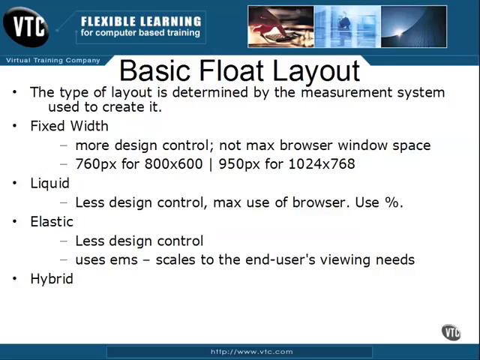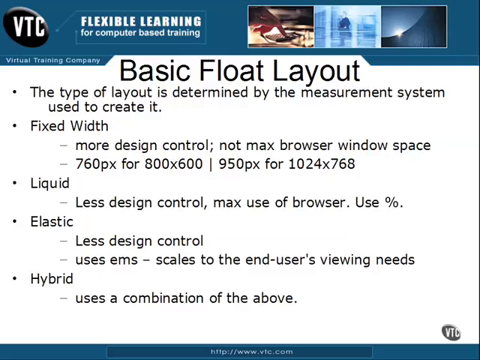Now the last option that we have here is the hybrid option. Essentially the hybrid option is going to use a combination of all of the things above. The hybrid option tends to utilize flexible designs that take advantage of scalability. And in these hybrid designs you will find the use of our min and max width and height properties that will allow us to have something in between a fixed width and a liquid design.